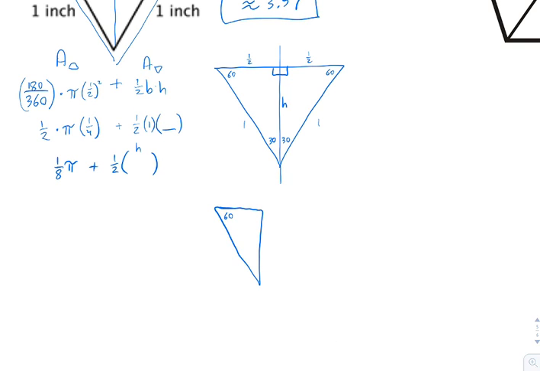So here's 60, right angle, 30. I have 1, 1/2, and height. And this is similar to, I'll draw my other one that I have, which is 60, 30, and my normal one is 1, 2, and √3.